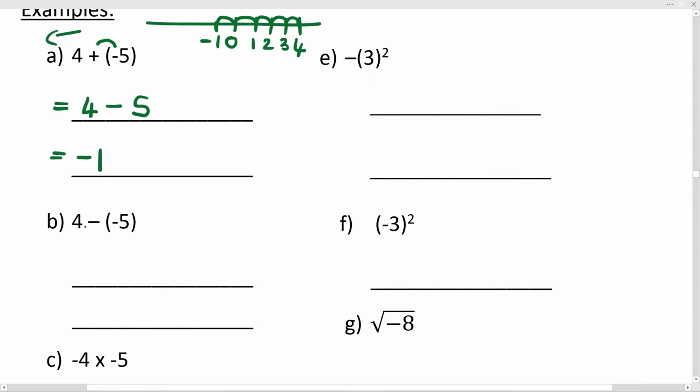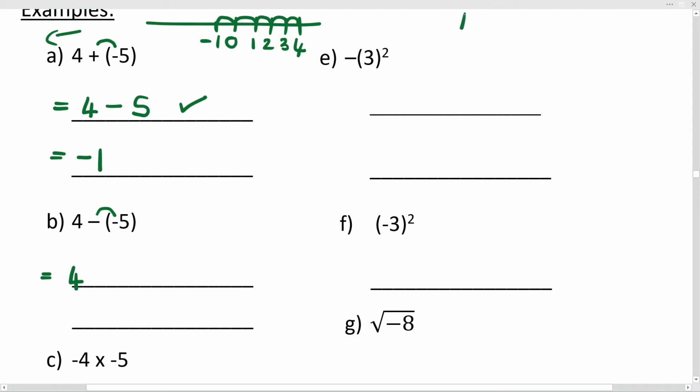Question B is saying 4 minus negative 5. Okay, and here I really do think using the distributive law will help you. And by the way, you can check all of these on the calculator. You just have to show things like this step. Okay, right, so I'm going to say, well, 4, that's the same as saying 4. What's a minus times a minus? And why am I saying minus times minus?